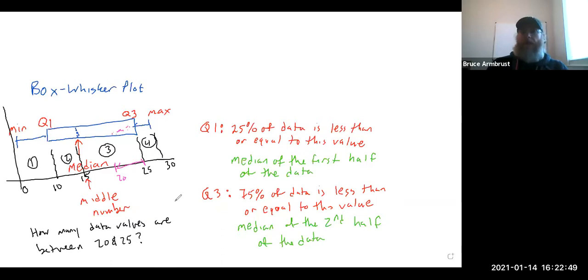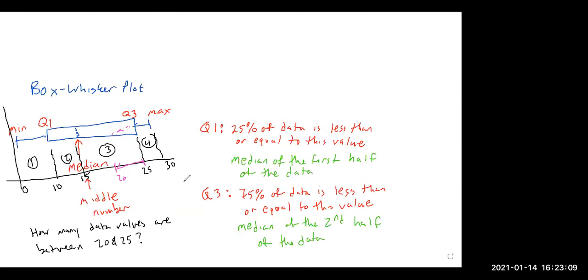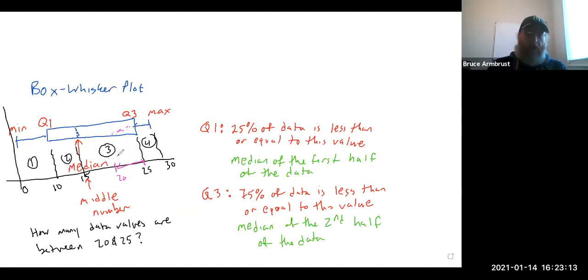Now, I don't know exactly, but I can tell you for sure it's fewer than 25%. How do I know that it's fewer than 25%? Because it's not taking up any more than 1/4. It's all within this interval between the median and the third quartile.